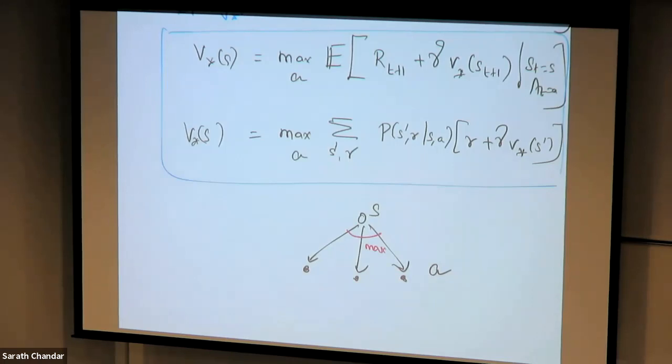For each of these actions, you get the next states, and here you have to do the summation. The only difference between this backup diagram and the usual Bellman equation backup diagram is that we have this max here, and you don't have that max in the other one. Is that clear? Any questions?